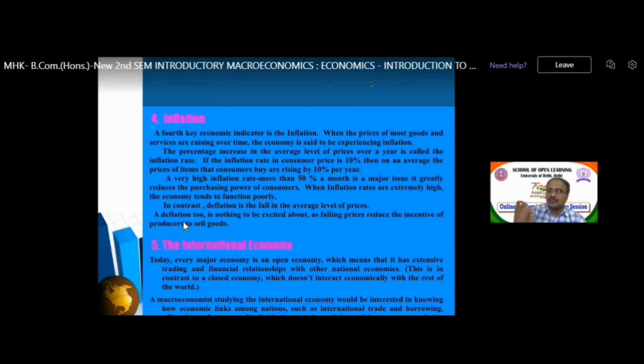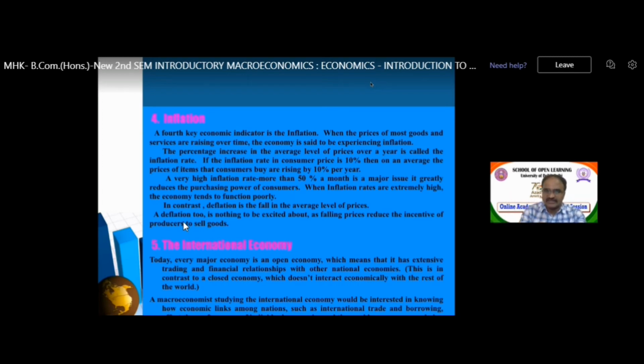The opposite of inflation is deflation. What is deflation? Deflation is the fall in the average level of prices. So an increasing level of prices is inflation, and a decreasing level of average prices is deflation. Whenever prices are declining, the government uses different policies.